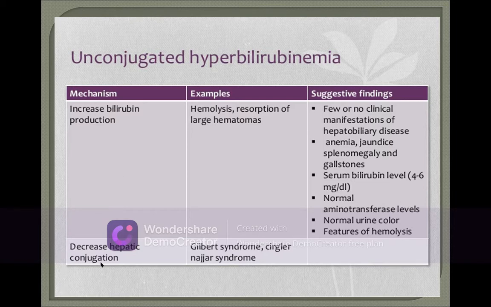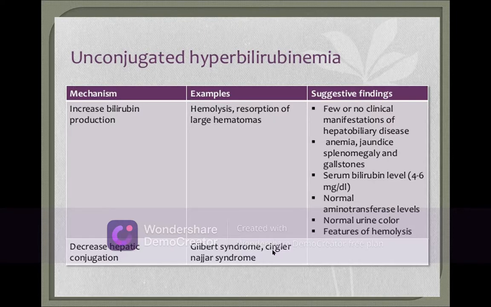Decreased hepatic conjugation. It is a syndrome called Gilbert syndrome, in which there is a qualitative defect in the hepatocytes, and that is where the conjugation is not possible.